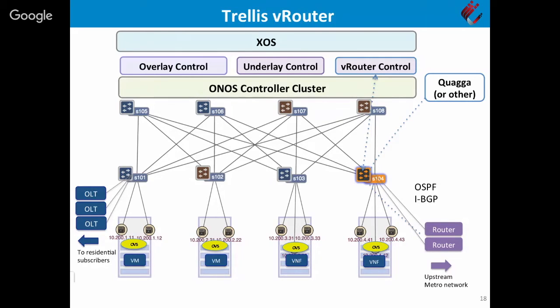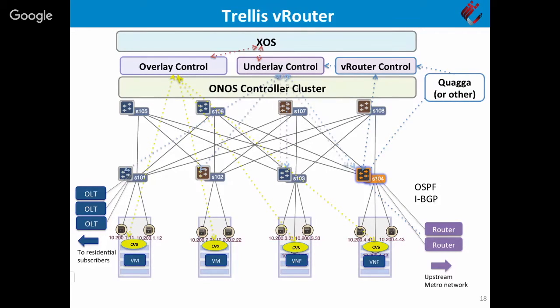So Quagga forms the peerings with the outside world, and everything that it learns from there, it then gets fed into the fabric control application and the overlay control application, so that we program not just the hardware, but as well as the OVS to understand that any VM or container running anywhere inside the data center can go to the outside world in a completely distributed manner. You don't have to hairpin through anything else. You don't have to go through any software VM to reach the outside world. Everything gets done in hardware, and it's distributed.